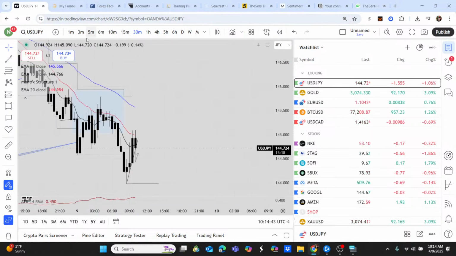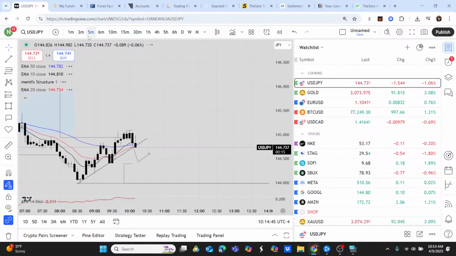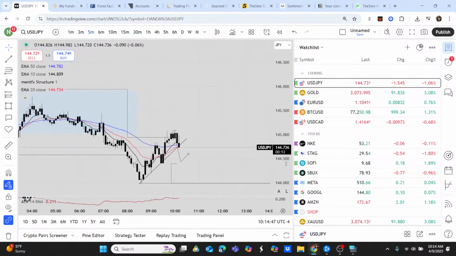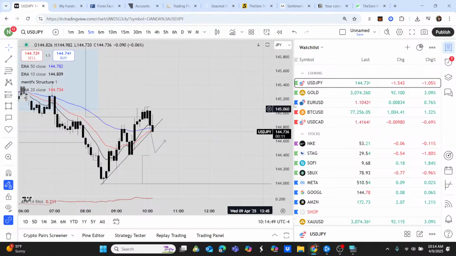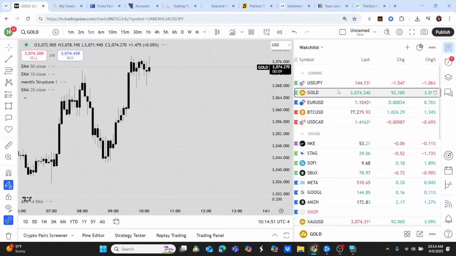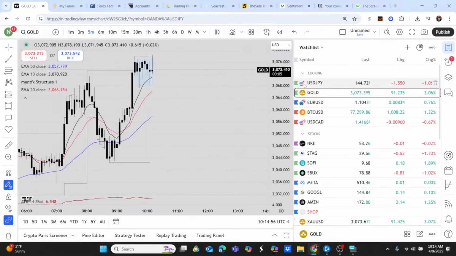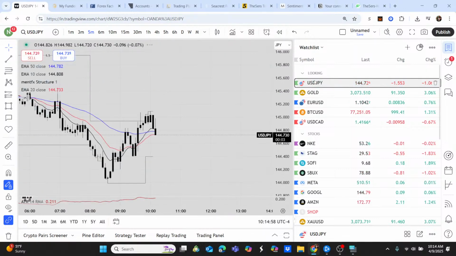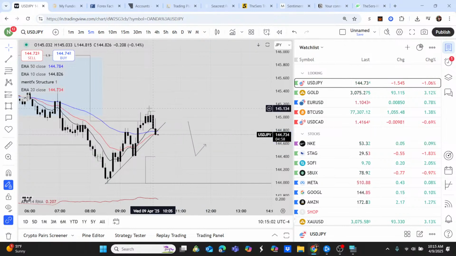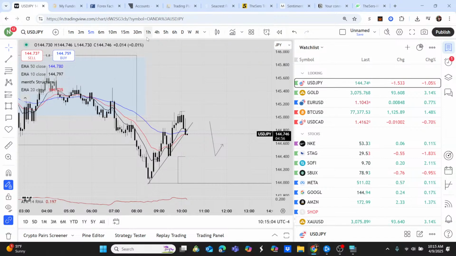Just quickly check what it's doing for USDJPY. Now that I'm looking at it, USDJPY is in the lead. Just look at whichever one is in the lead. Yep, USDJPY is in the lead so far for potentially setting up.